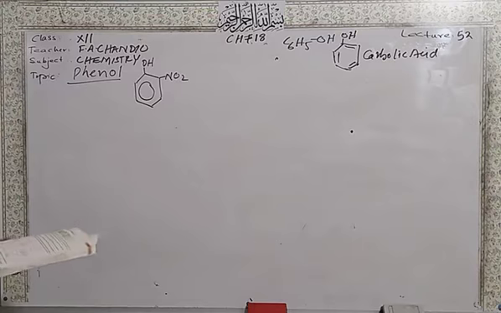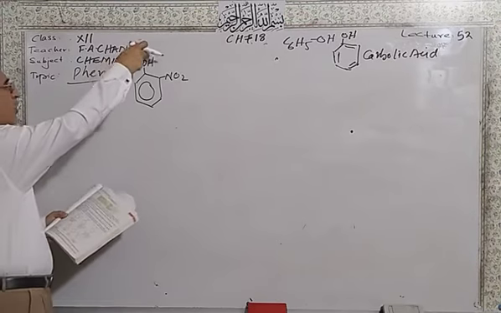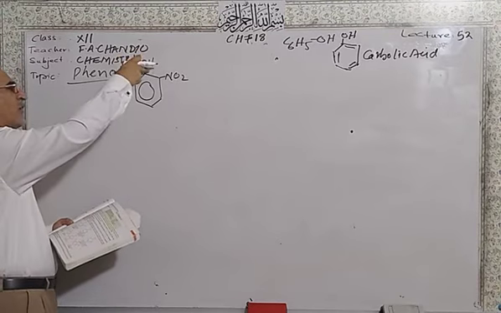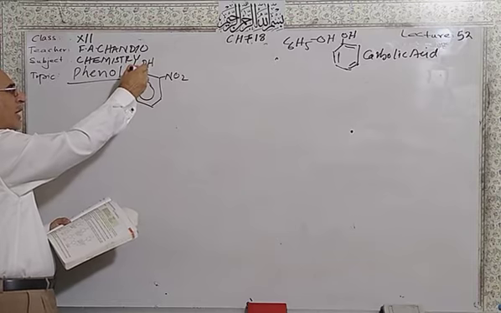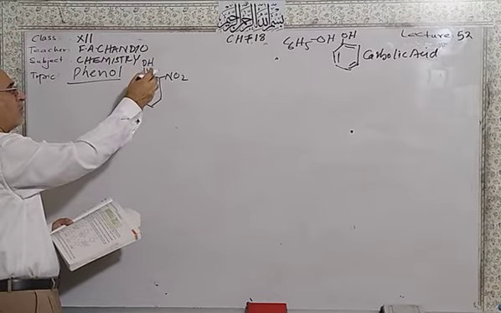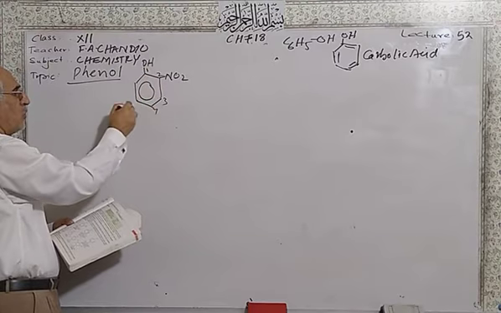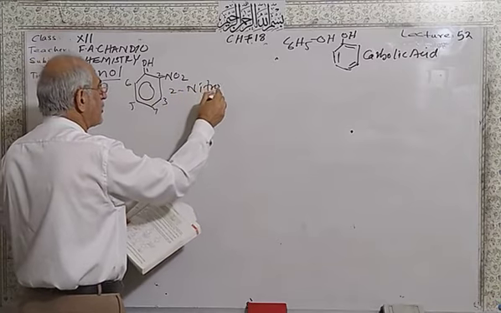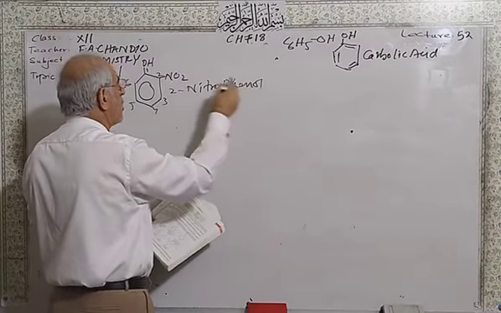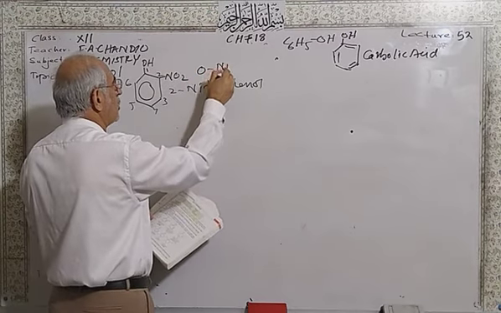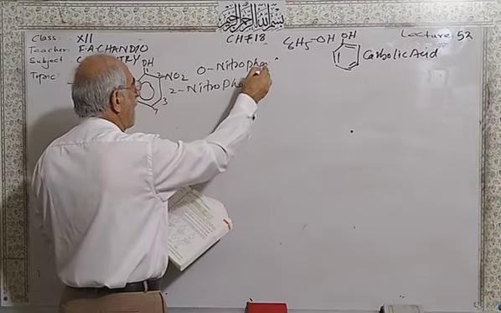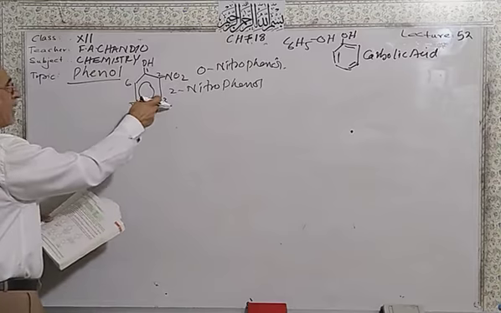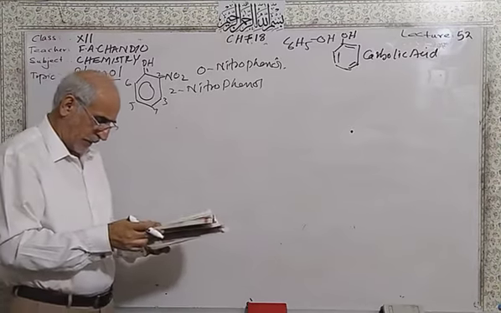Dear students, while giving the names, hydroxyl has priority over nitro. To make the hydroxyl group the reference, start numbering from here with the OH group. So 1, 2, 3, 4, 5, 6. So this will be 2-nitrophenol or ortho nitrophenol, like this. And if you put it here, then it is called meta nitrophenol, then para nitrophenol.